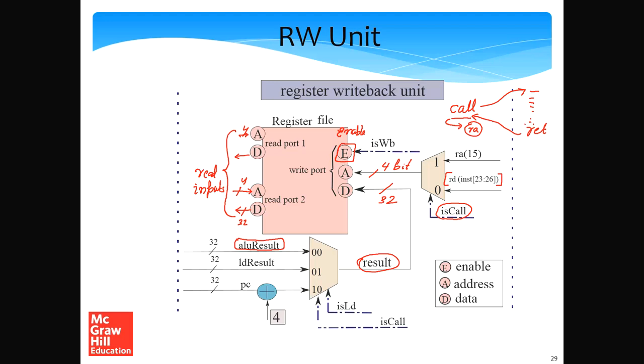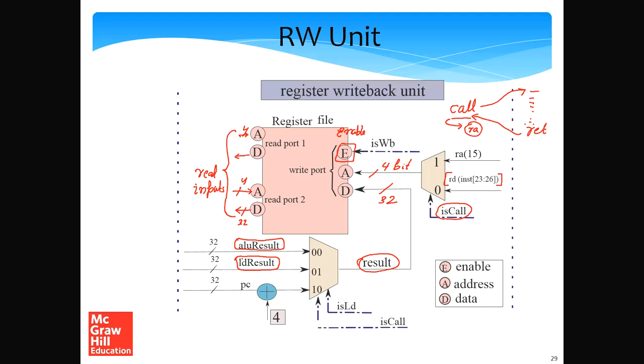The result will be the ALU result field. The other is the load result, which is the value of a load instruction that you read from memory, in the previous stage, in the MA stage, the value read from memory.